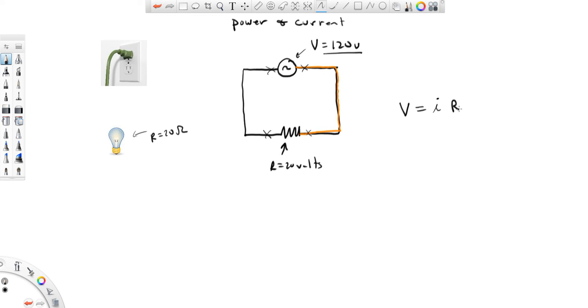I forgot in my previous video, but generally we like to use little i and little v for AC voltage problems as opposed to large I and large V. In this example, the RMS voltage is 120 volts because it's an AC voltage source in the United States. Current we're going to know in a moment. The resistance is 20 ohms.